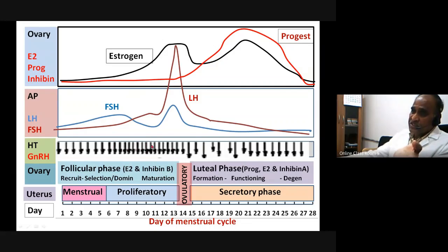The frequency is increasing, so they are happening once in 50 to 60 minutes, that means they are fast. Then there will be a large amount of GnRH activity, and this GnRH triggers the release of another hormone, LH, and the LH surge comes up.